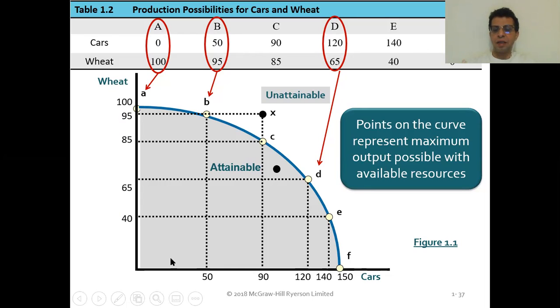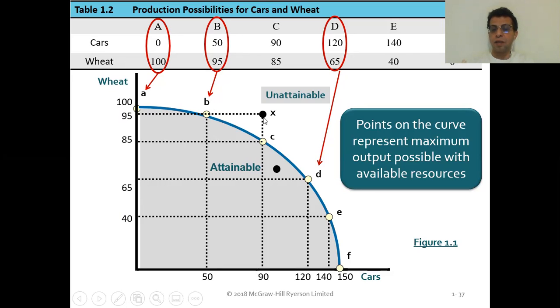And if they decide to produce only cars, they will be producing 150 cars and 0 wheat, as you see. But if they suddenly decide to produce 50 cars, they have no choice but to reduce the production of wheat, because they are assumed to be at full employment.